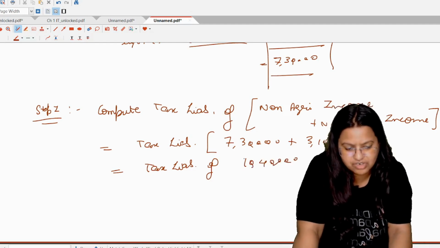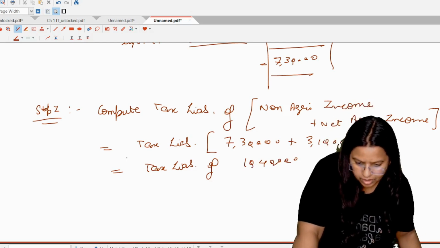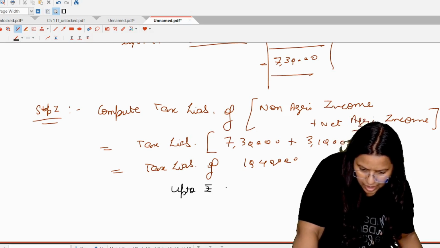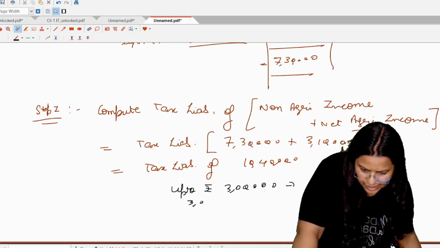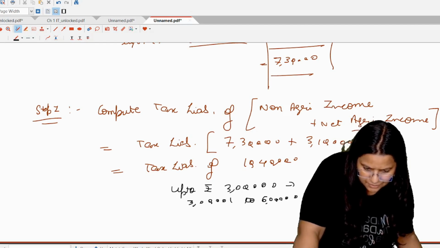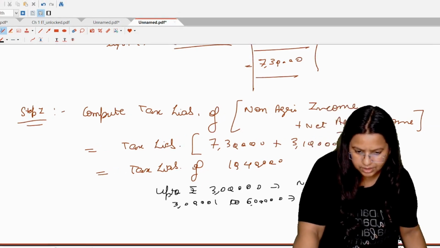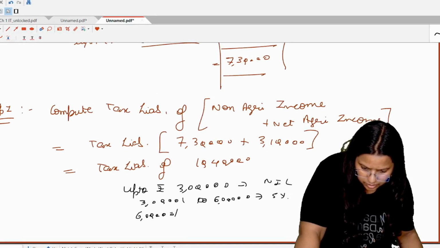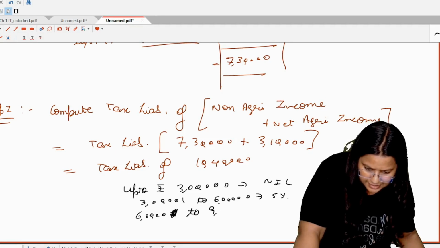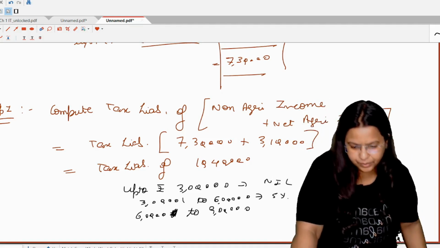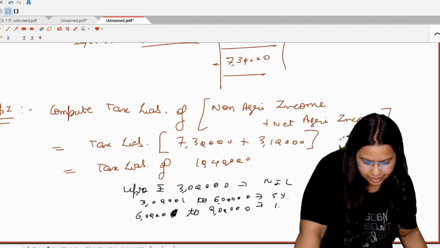As we have applied the new tax regime, I am applying the slab rates of the new one. Up to rupees 3 lakhs, tax liability is nil. Then 3,01,000 to 6 lakh, tax liability is 5%. Okay, you all know about this thing. Then 6,01,000 to 9 lakh. As I have told you, on every additional 3 lakh income, there will be an additional 5% tax rate. Okay, this is a memory technique. 10%.